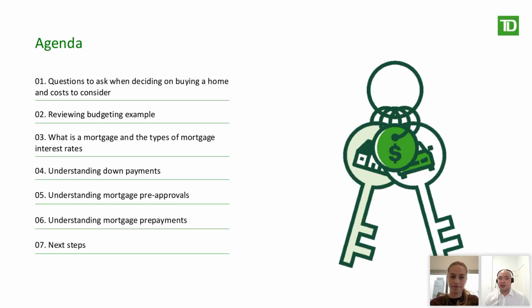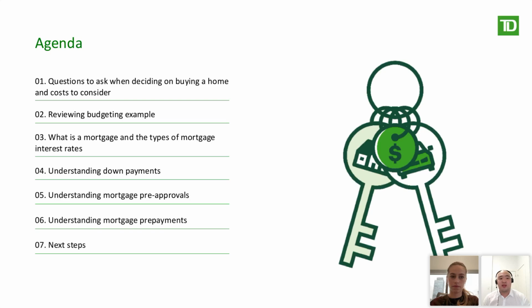For today's agenda, we're going to be going through questions to ask and consider when you're looking to buy a home, reviewing an example budget of what to expect when you purchase your first home as compared to potentially renting your first home here in Canada. What is a mortgage and different types of mortgage rates you can consider.